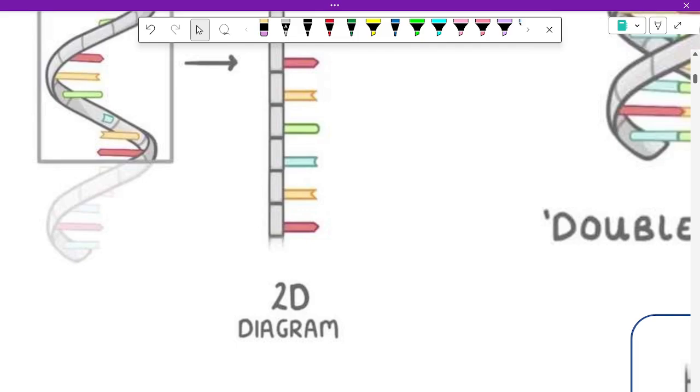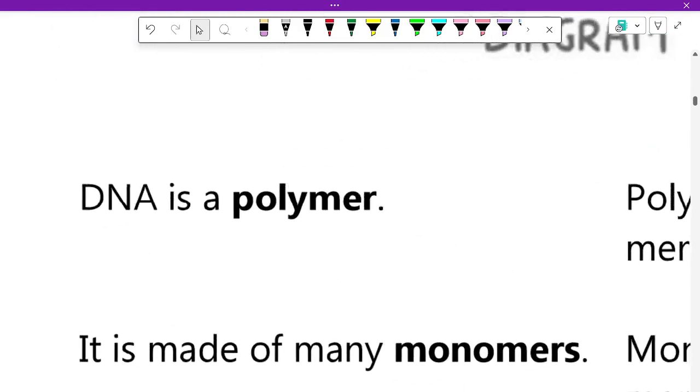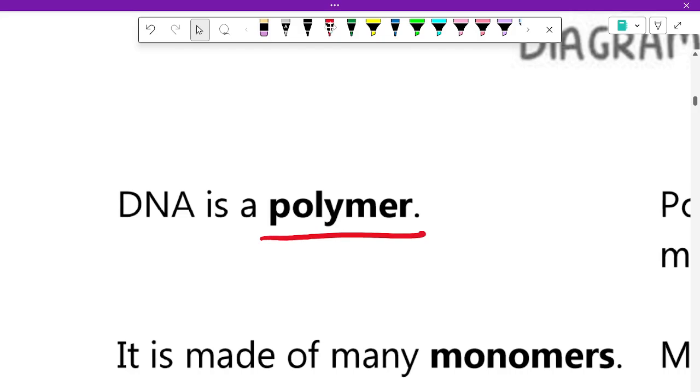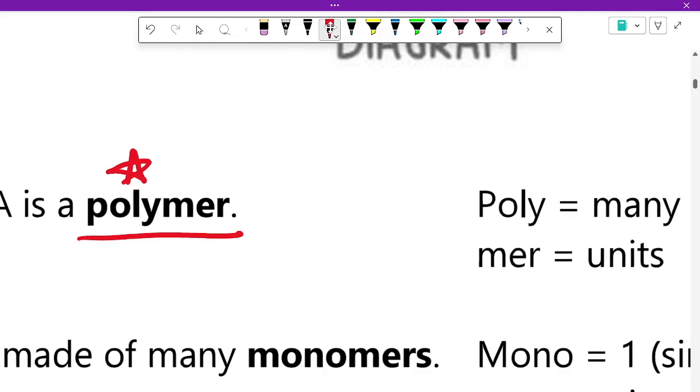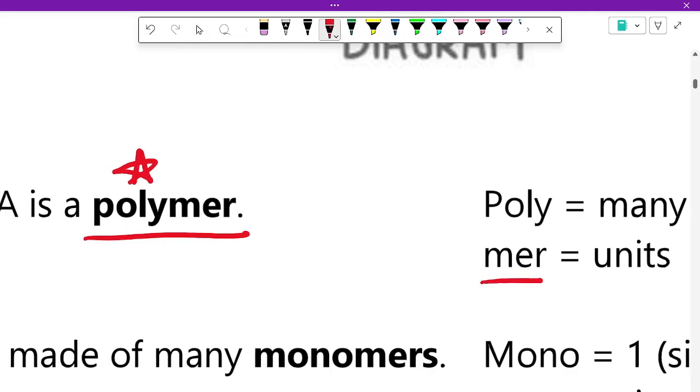We're going to learn a new word now. That word is polymer. What does the prefix poly mean? Many. So poly means many and mer means units.